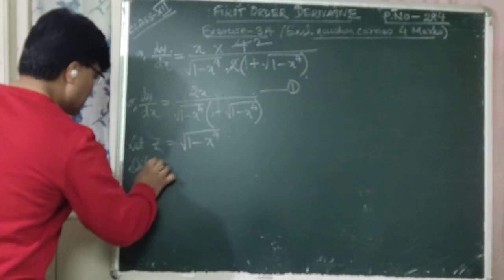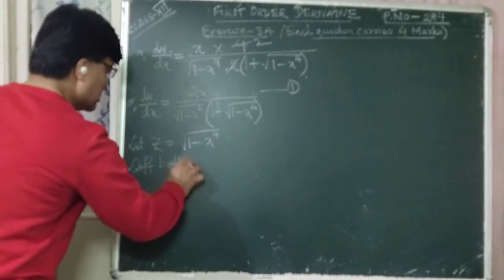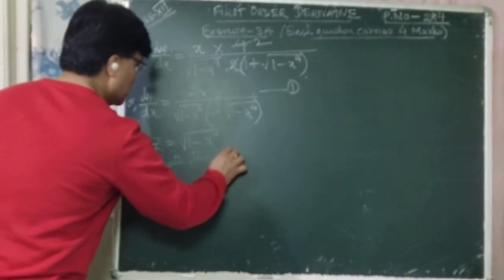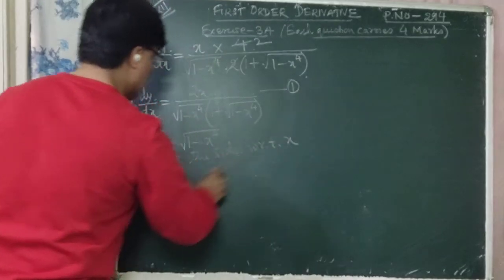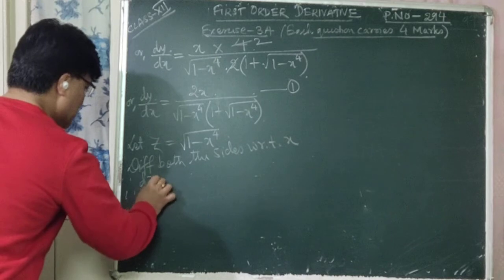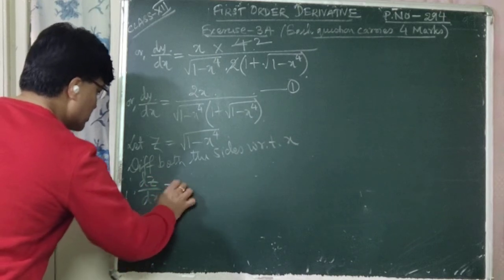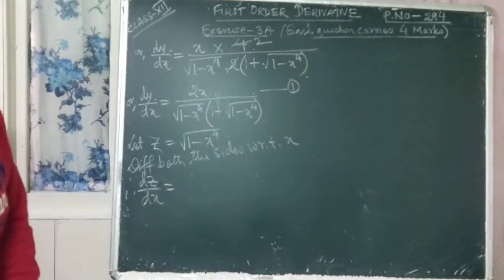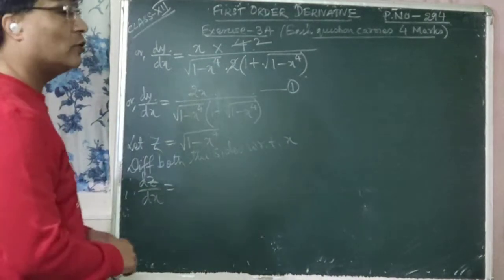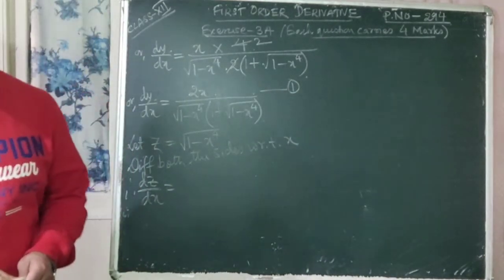So right now, differentiating both the sides with respect to x. So dz by dx is equal to, is just like your root over x, that is 1 minus x to the power 4, which is assumed as x.